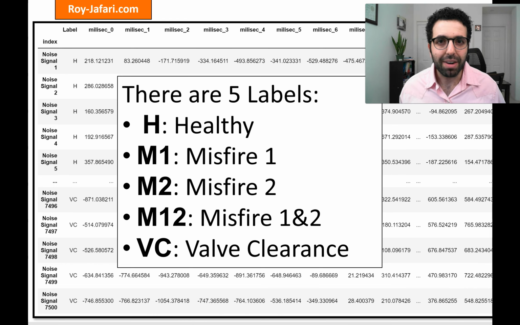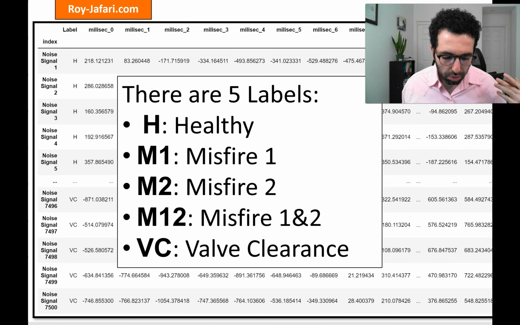But we also have a label, and there are 5 possible labels to these engines, right? The engines could be working healthily, it could be suffering from misfire 1, misfire 2, or misfire 1 and 2, and it could also be suffering from valve clearance. So we do know the state or the label of these engines, and we also have the noise data of these engines working, right?